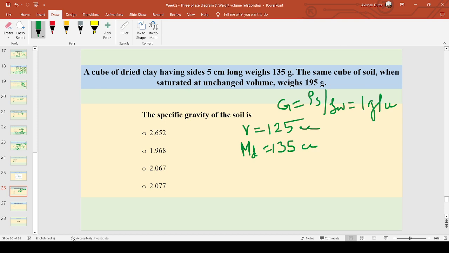Now, when the soil mass is saturated, the mass becomes 195. So after saturation, the mass is how much? 195. So if the dry mass is this one and saturated is this one, what is the mass of water?